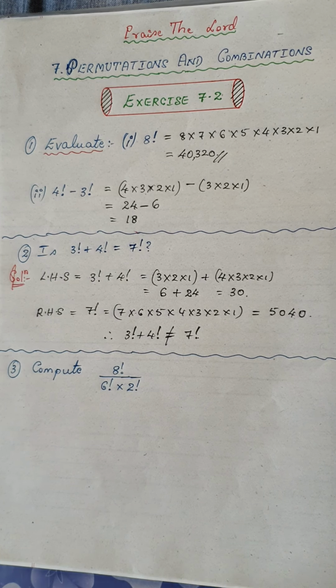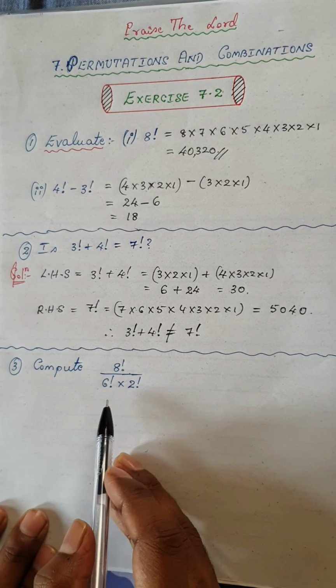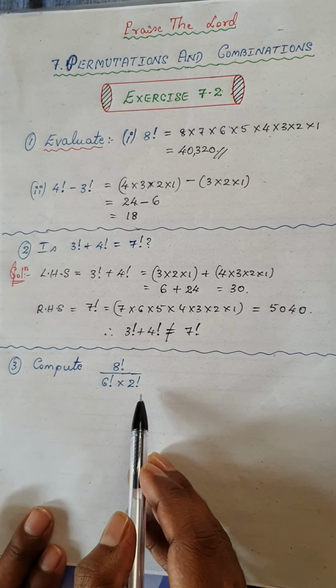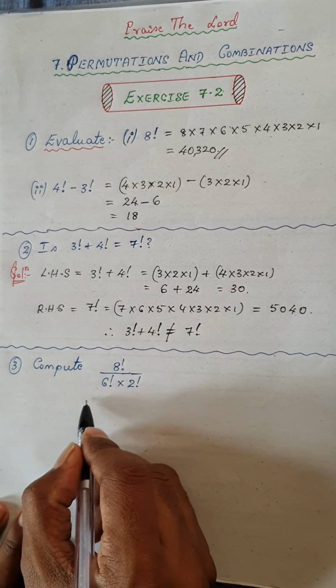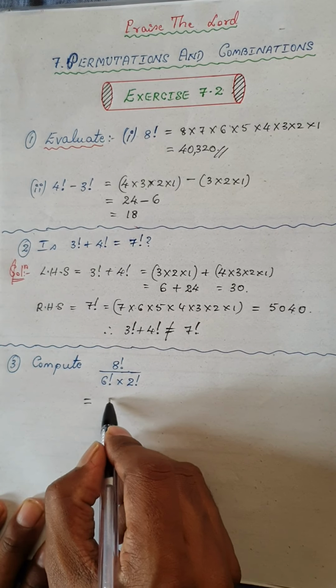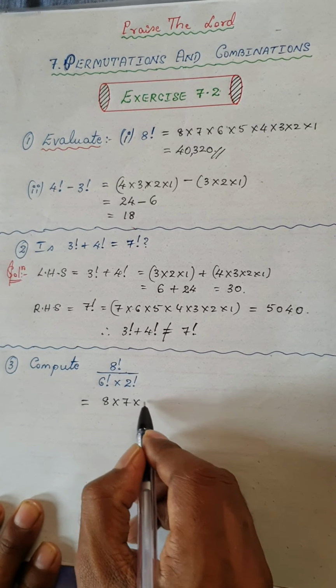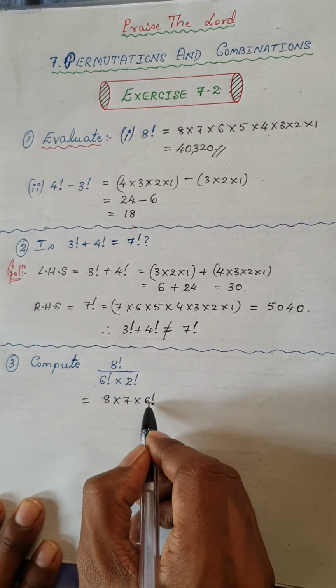So here comes question number 3, compute 8 factorial divided by 6 factorial into 2 factorial. I will teach you the simplest method. There are many methods. I'm going to write 8 factorial as 8 into 7 into 6 factorial; I may go on, but I will stop with 6 factorial.